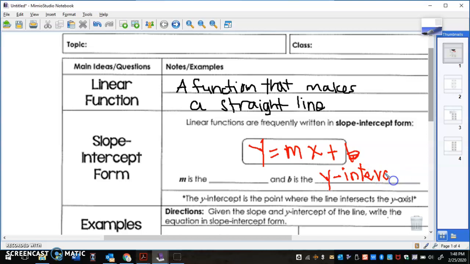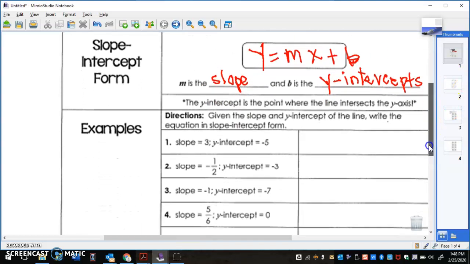And the m, we remember from our last lesson, the m stands for slope. And we're going to use this form today to graph lines on the coordinate plane.